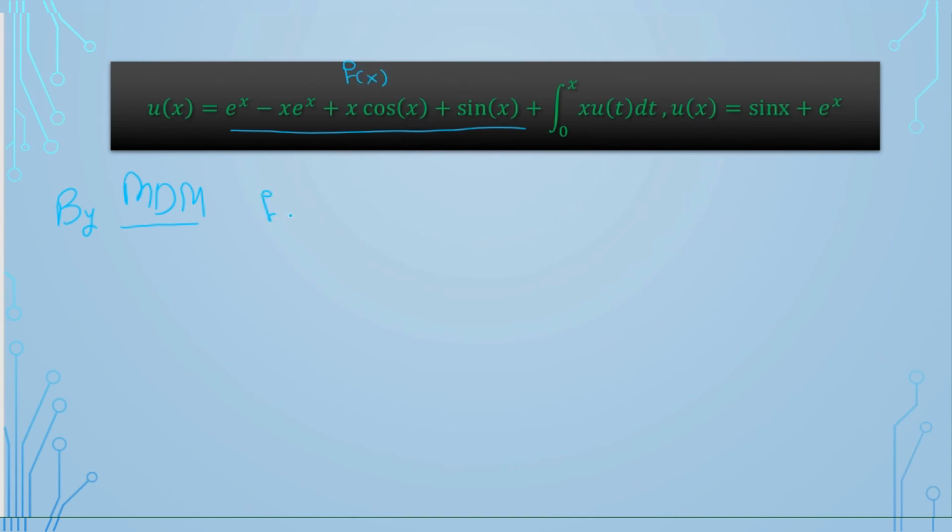So we want to choose our f1 of x and our f2 of x. We choose f1 of x according to the integration. Let's take e raised to x and sine x, as if we multiply it by x after integration, it might vanish with those. So e raised to x plus sine x. f2 is the rest.